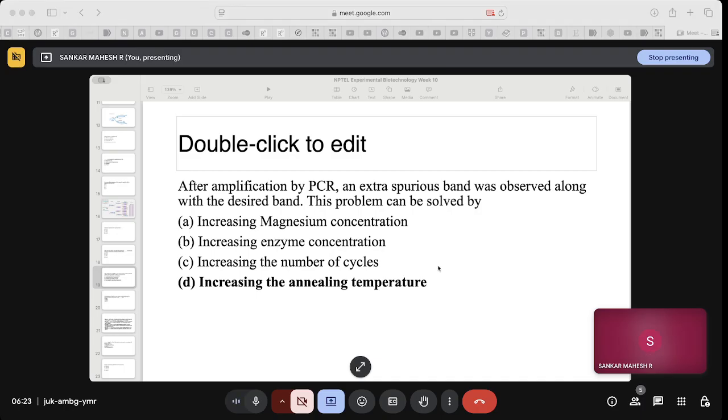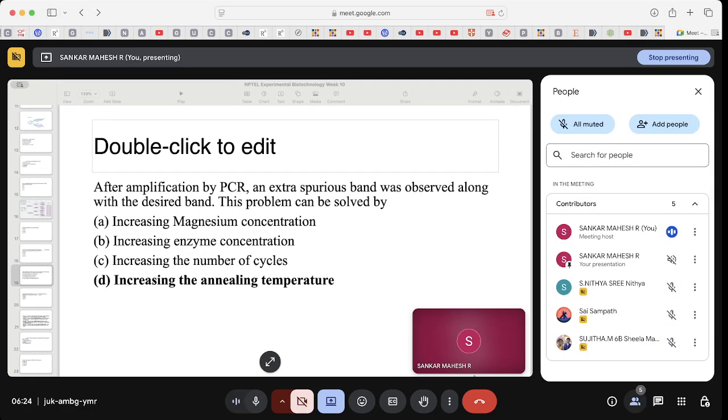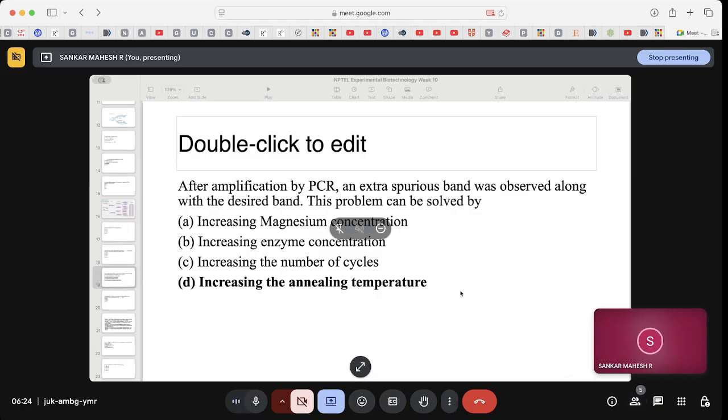Okay. Now that we have discussed this primer, Sai Sampath, you were telling about annealing temperature. The temperature at which we design is the annealing temperature. Although we can design this with high accuracy, in some cases we'll get other bands. That is because you have some partial overlap, maybe at the 5' region or at the 3' region, majorly at the 3' region.